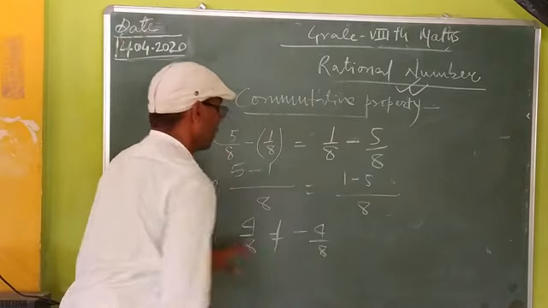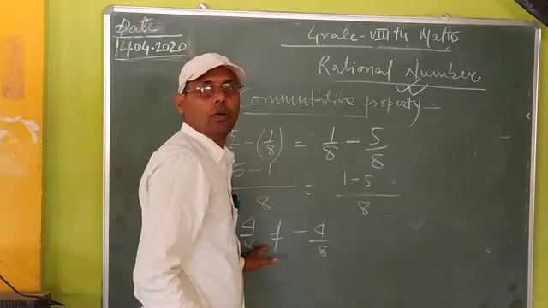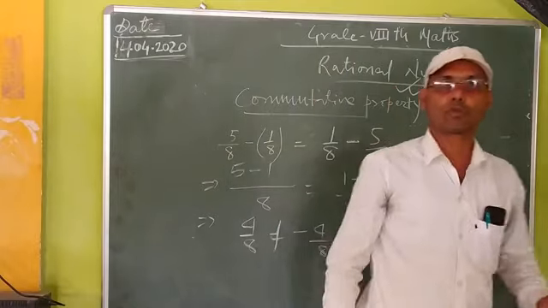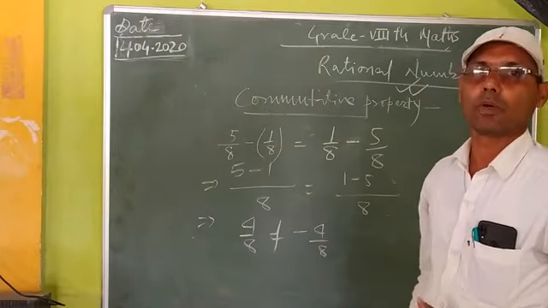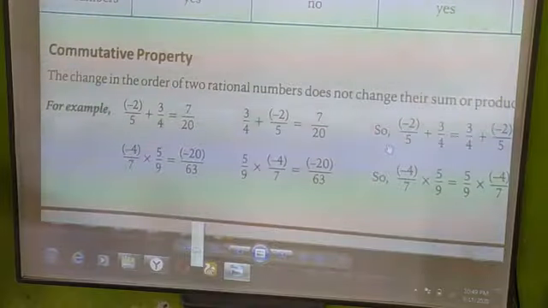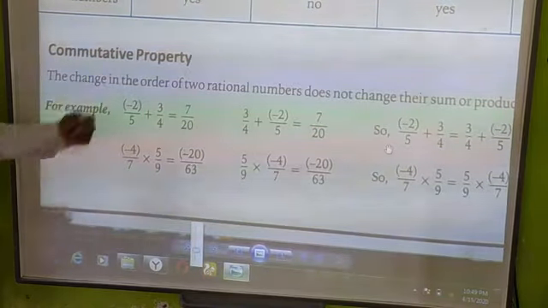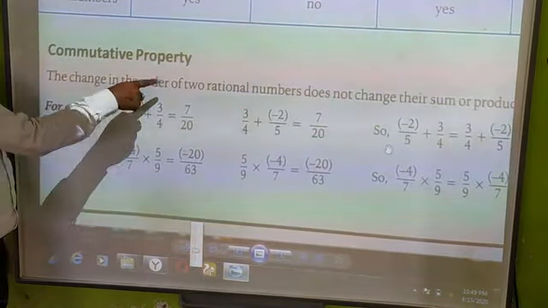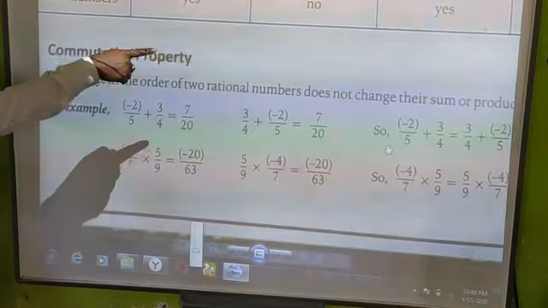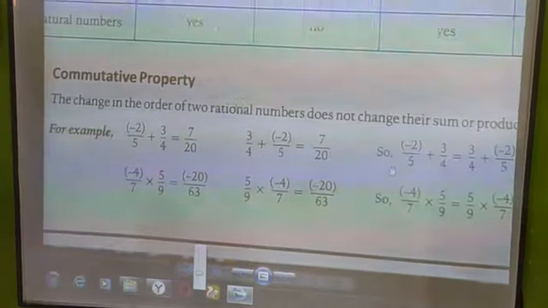Look here. Now I want to show you the text of your book. Commutative property: the change in the order of two rational numbers does not change their sum or product.